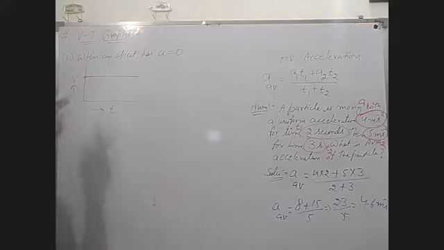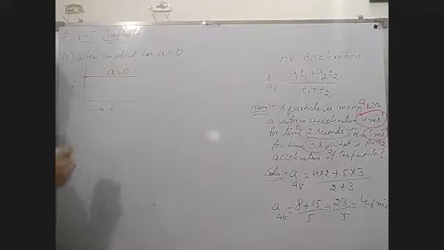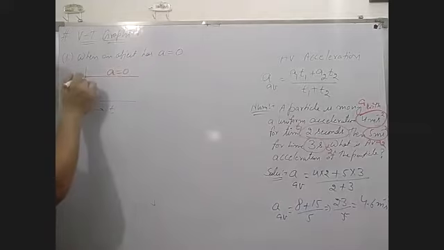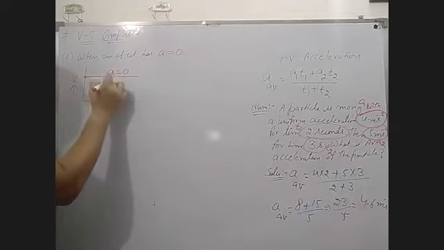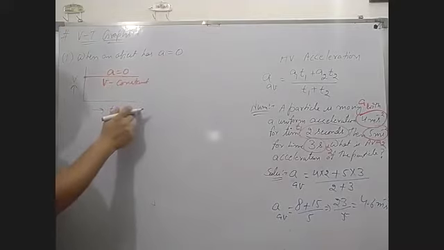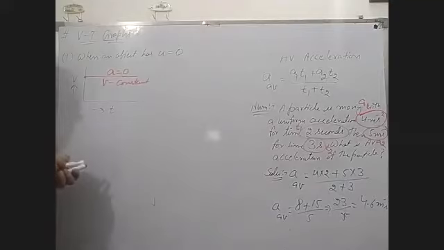In this, the acceleration value is 0. You can see here there is no rise in its velocity. After the passage of time, velocity remains constant. Velocity is constant here at every instant of time. If velocity is constant, there is no acceleration. You have to draw this type of graph in this case.